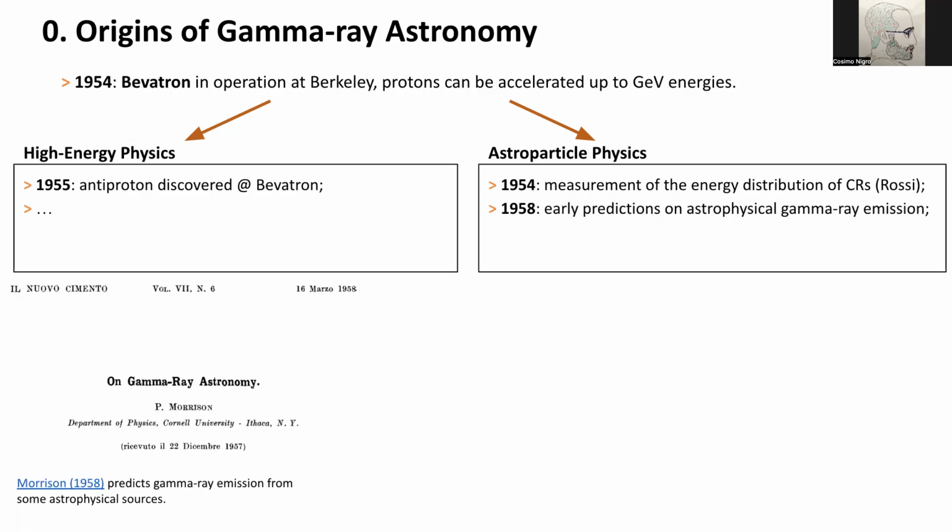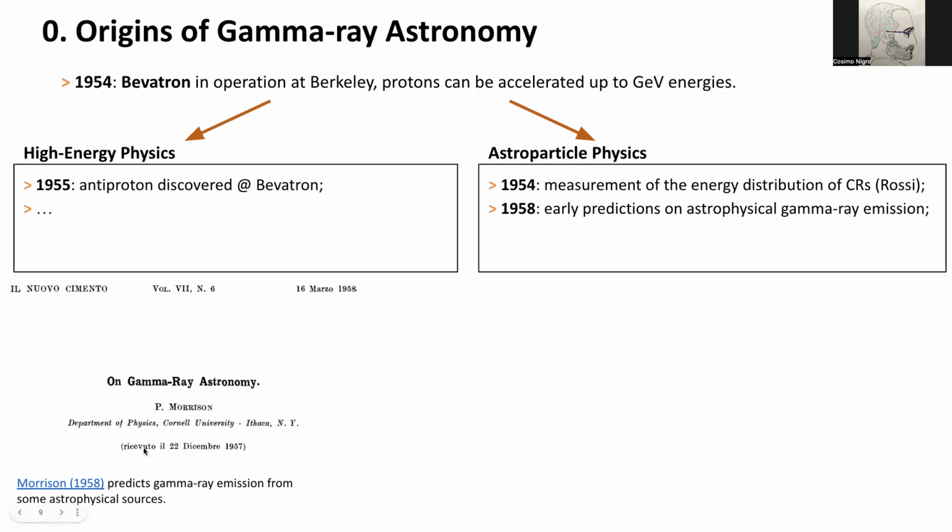And in 58, in this branch, we have the first speculation on astrophysical production of gamma ray emission, because the intuition is that, well, if it is clear by now that somehow the universe is accelerating charged particles to the highest energies, once these particles interact with their environment, they should produce radiation of the highest energies as well.